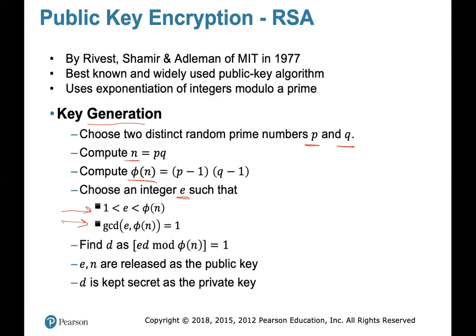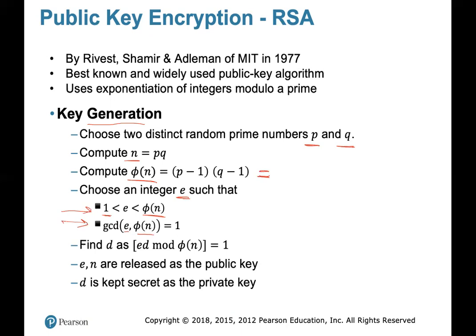E should be selected from 1 to phi n; it should be smaller than phi n and greater than 1. And it should have the greatest common divisor of 1 with respect to phi n, which means that E and phi n should be co-prime.